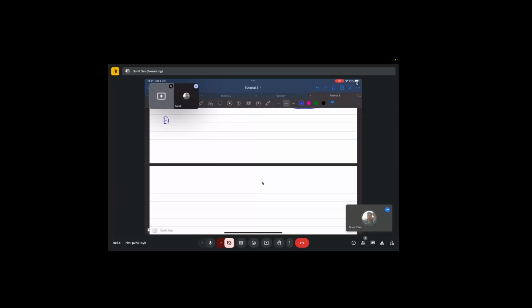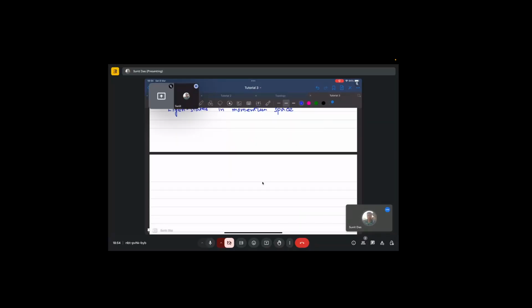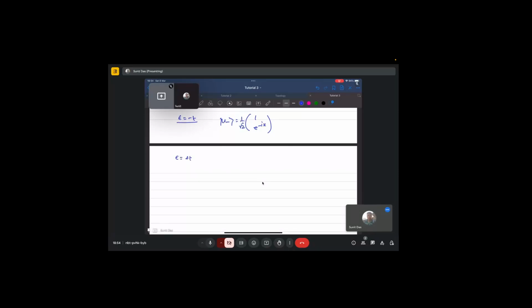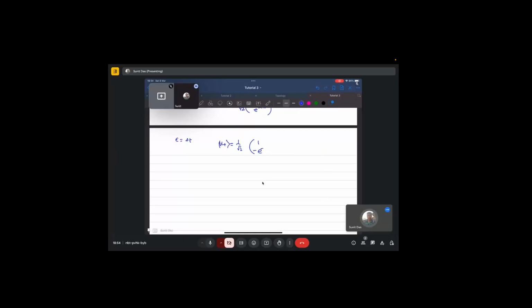For the eigenstates in momentum space, corresponding to energy equal to minus t, you will find that u minus will be equivalent to 1 by root 2 times 1, e to the power minus ik, and for energy equal to plus t, u plus will be 1 by root 2 times 1, minus e to the power minus ik.